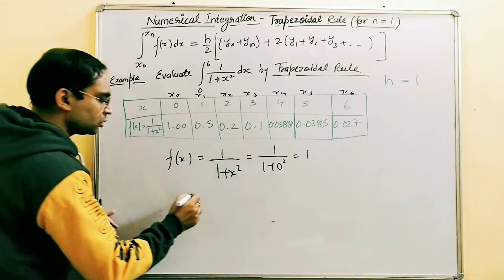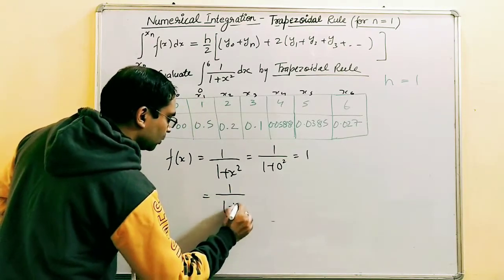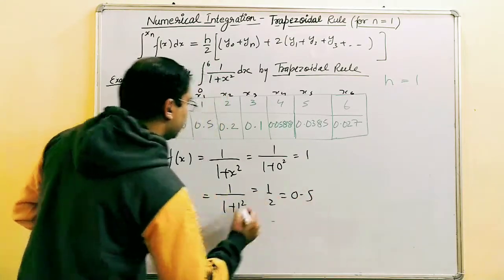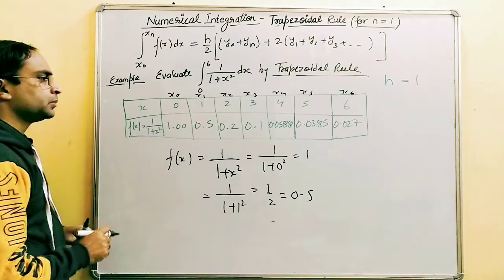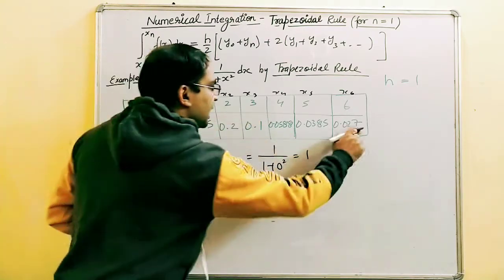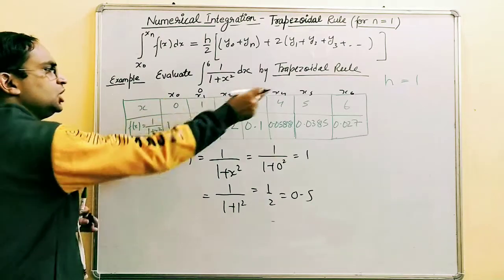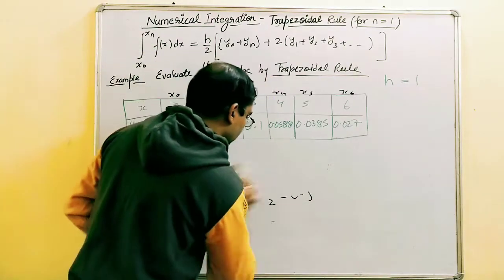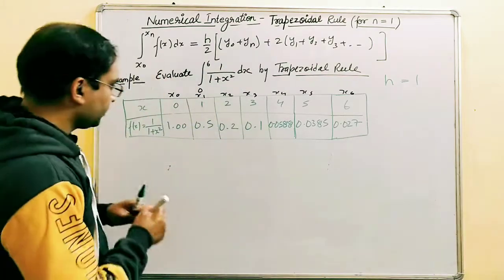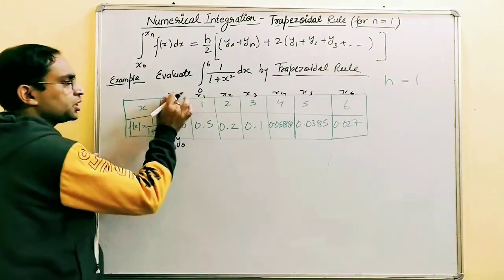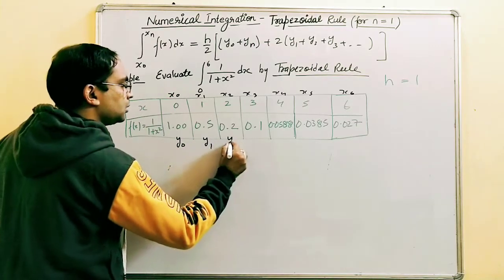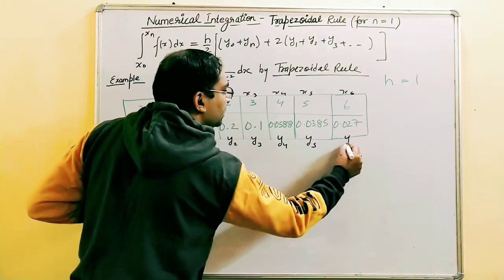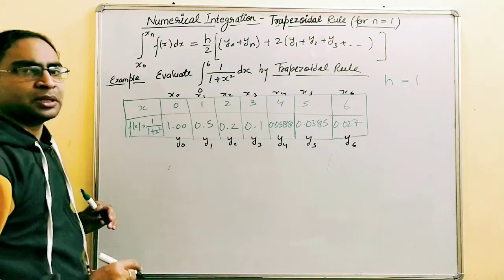Whenever x is 1, at that time we have 1 upon 1 plus 1 square, that is 1 upon 2, coming 0.5. In the same manner, we can calculate all the values of f of x for each different x, and these values will be, this is y0 with respect to x0, y1, y2, y3, y4, y5 and finally we have y6.